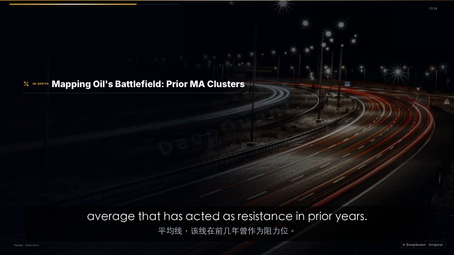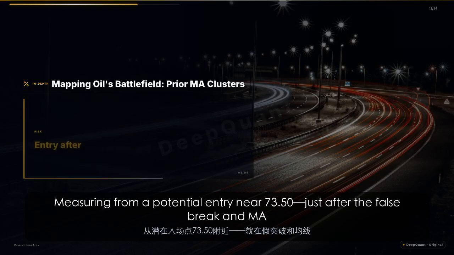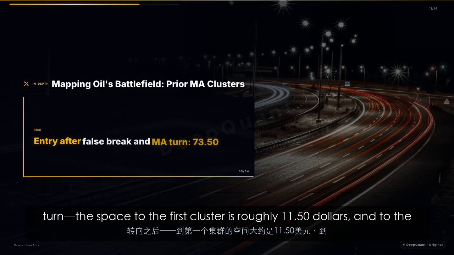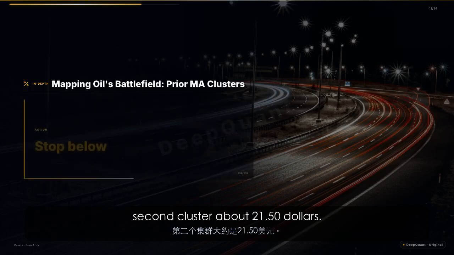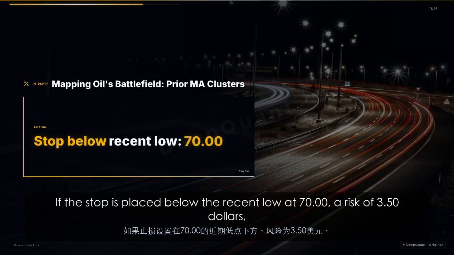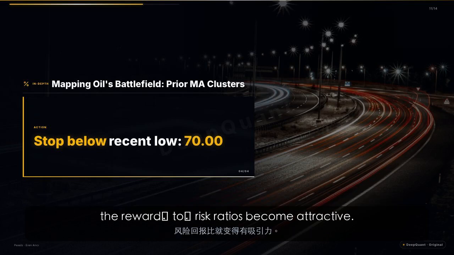Measuring from a potential entry near 73.50, just after the false break and MA turn, the space to the first cluster is roughly $11.50, and to the second cluster about $21.50. These distances define the trade's upside potential. If the stop is placed below the recent low at 70.00, a risk of $3.50, the reward-to-risk ratios become attractive.